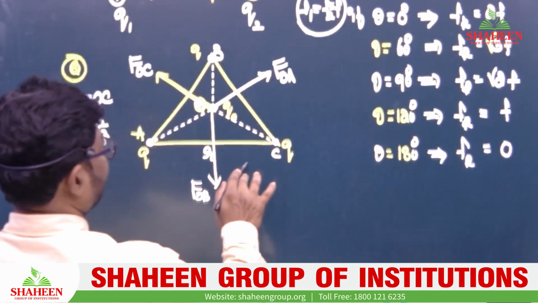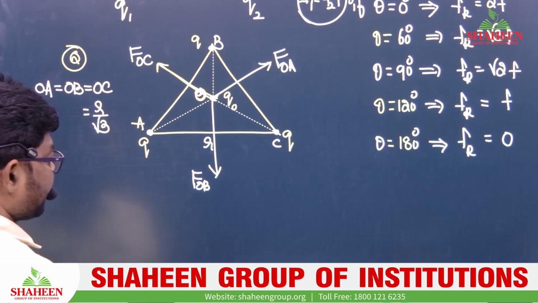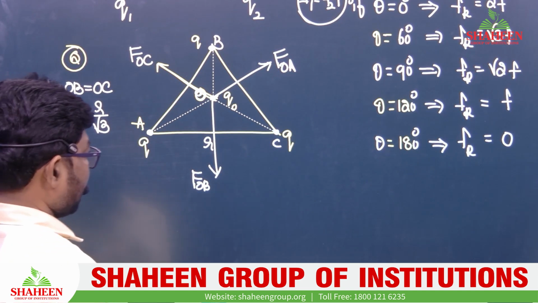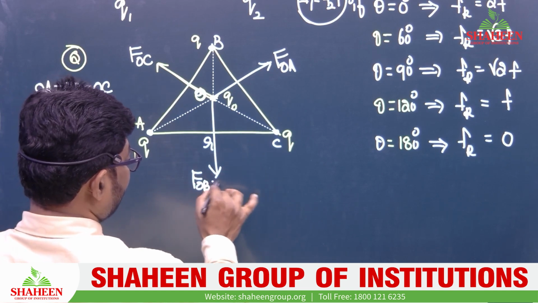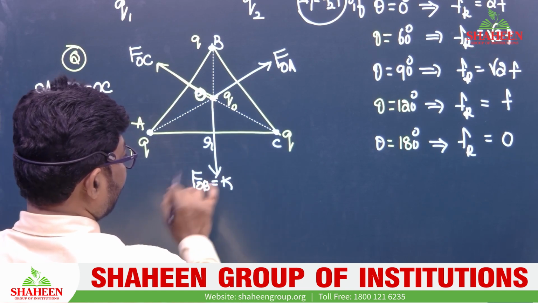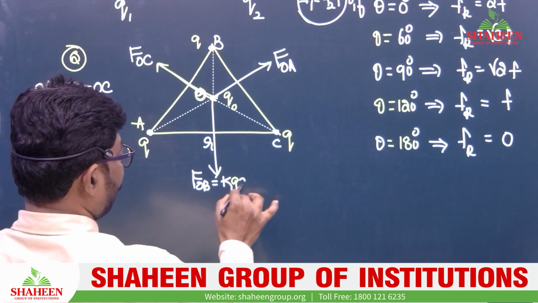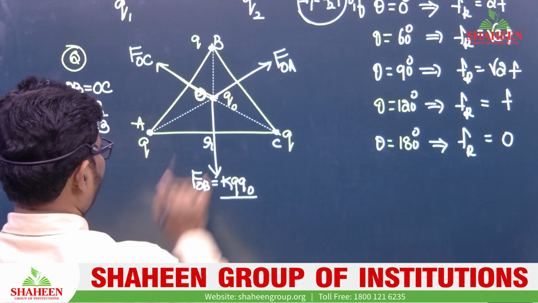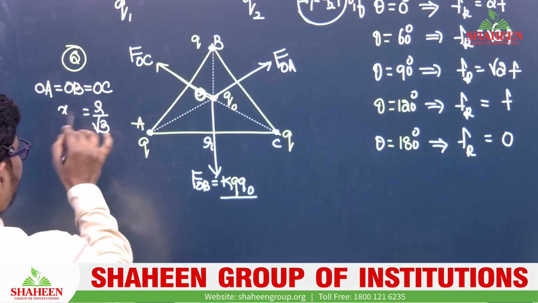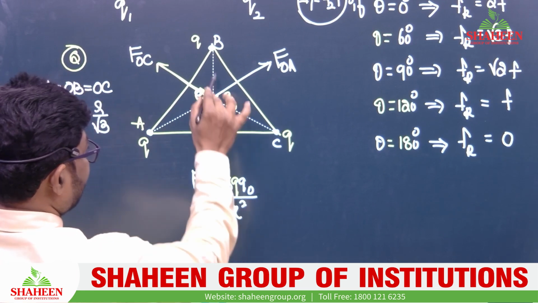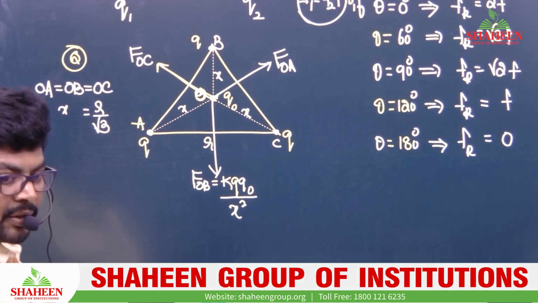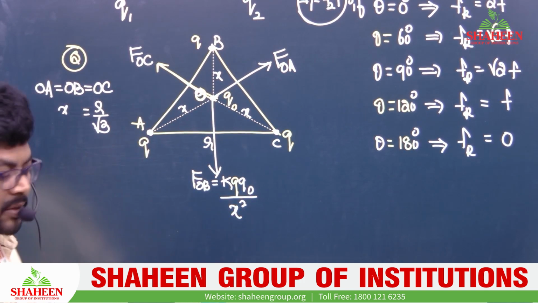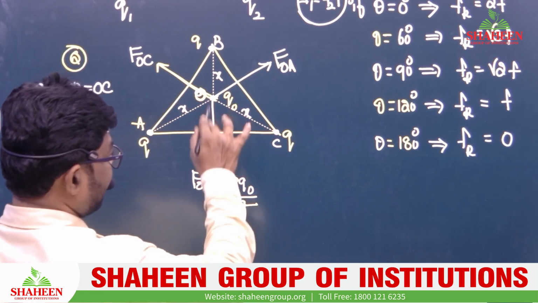Please, very easy question. Now check it here. See, this one, what force can we write? K Q into Q naught upon x square, assuming AB is x. Direction I already showed.